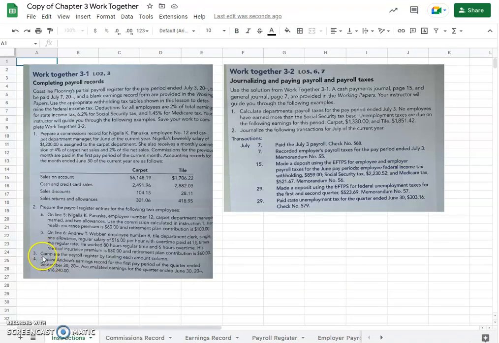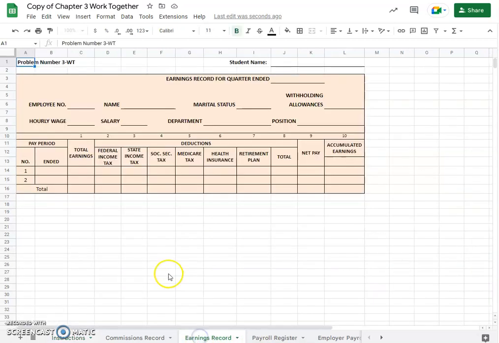Part 3, complete payroll register by, I think we already did total each amount column. And then part 4, prepare Andrew's earnings record for the first pay period. Accumulated earnings were $18,240. Okay, our accumulated earnings, $18,240, before I forget that amount.